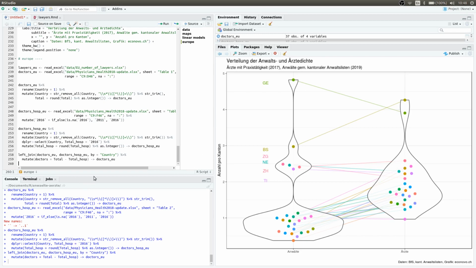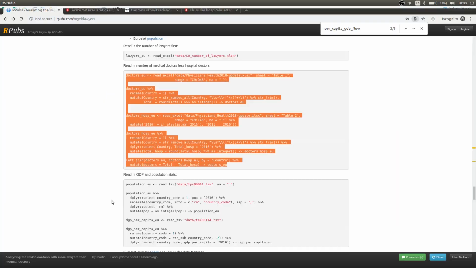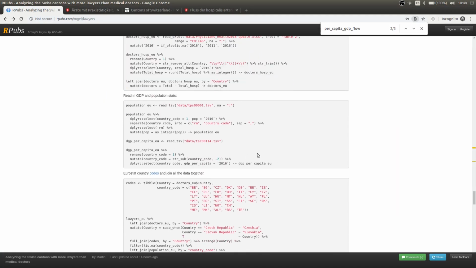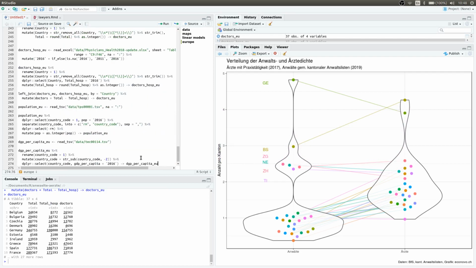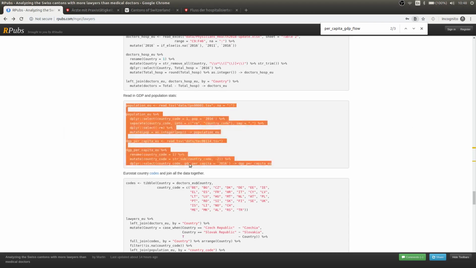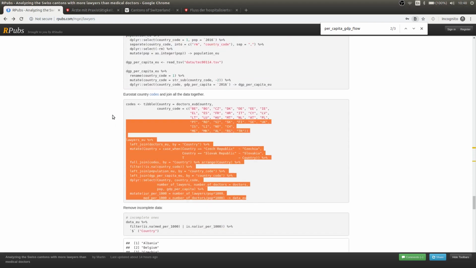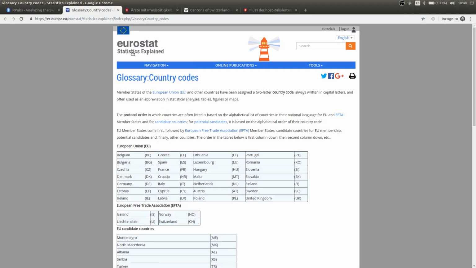We left join. We have the doctors. Here we exclude the ones that are hospital doctors, basically. We also read in GDP and population, and we match it with the country codes that we also get from Eurostat.